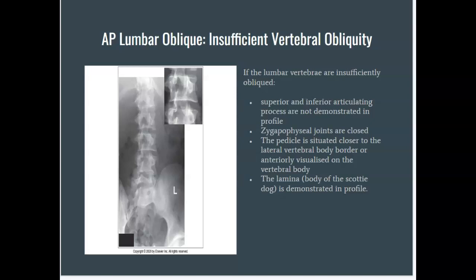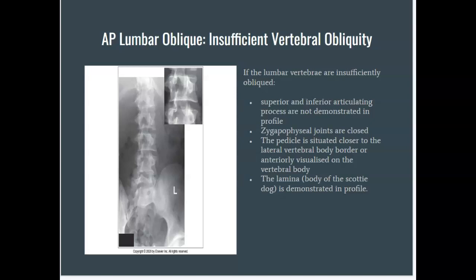The corresponding zygapophyseal joint is actually closed. The pedicle, or the eye of the Scotty dog, is situated closer to the lateral vertebral body border, and more of the lamina, or the body of the Scotty dog, is demonstrated.